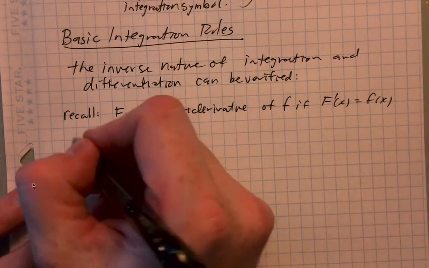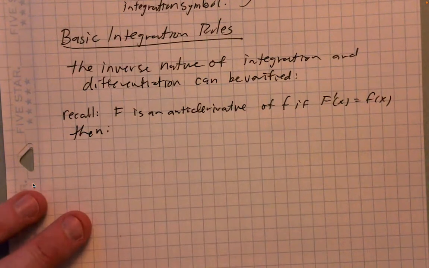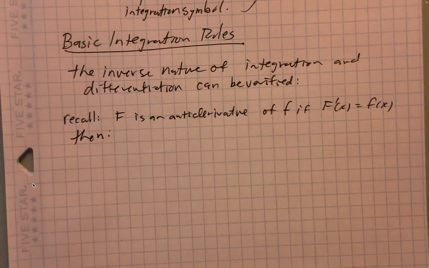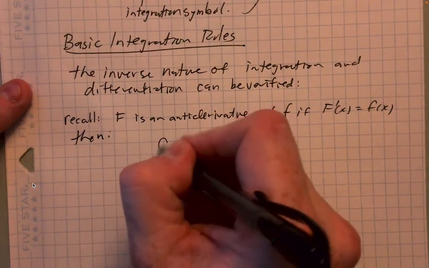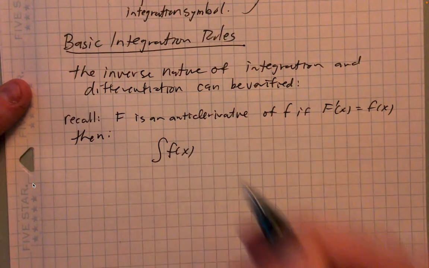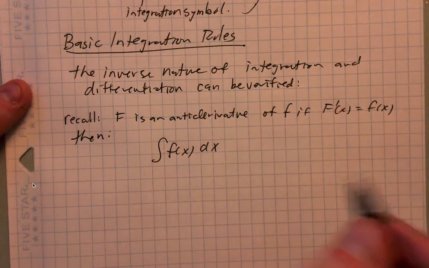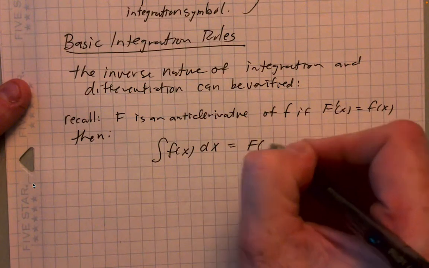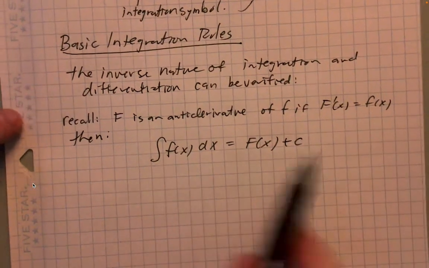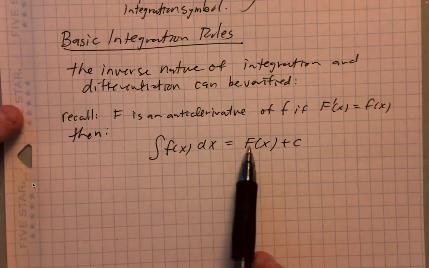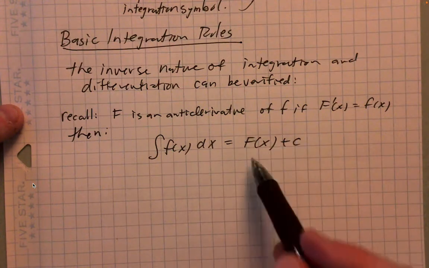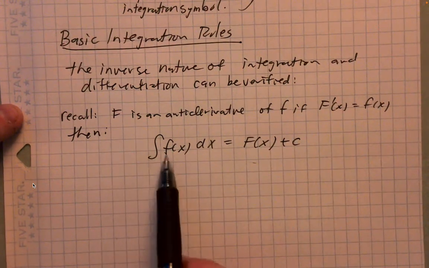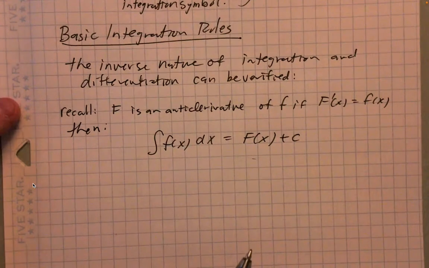So if that's true, then here's what we have. So the integral of little f of x dx is equal to big F of x plus c. Right. So this is just the general form of the solution to dy equals f of x dx.